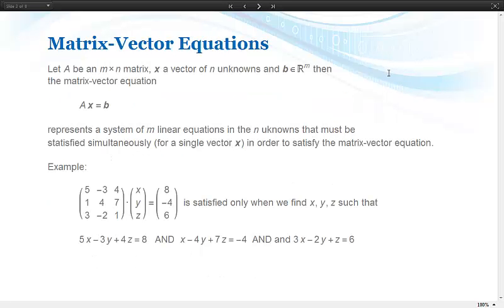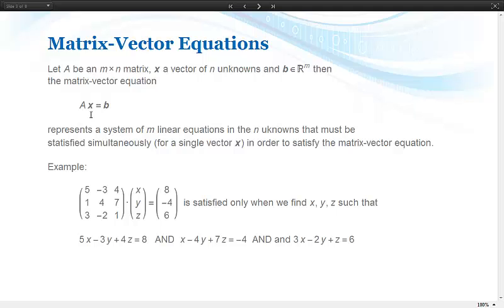So if A is an m by n matrix, m rows and n columns, and x is a vector of n unknowns, so the vector x lives in n-dimensional space, and b is a vector that lives in m-dimensional space, that's the number of rows, then the matrix vector equation Ax equals b represents a system of m linear equations, one for each row, in the n unknowns, that must be satisfied simultaneously.